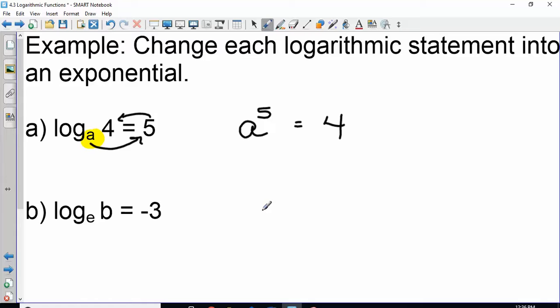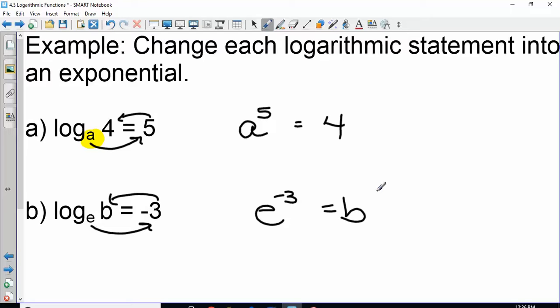What would the next one be? E to the negative 3rd power equals b. All right. Questions on going back and forth between these ones.